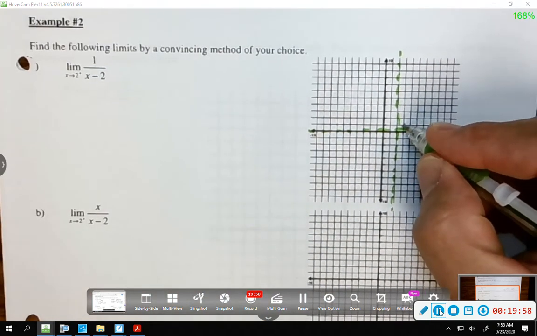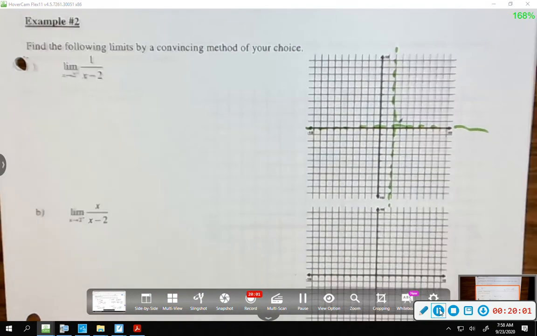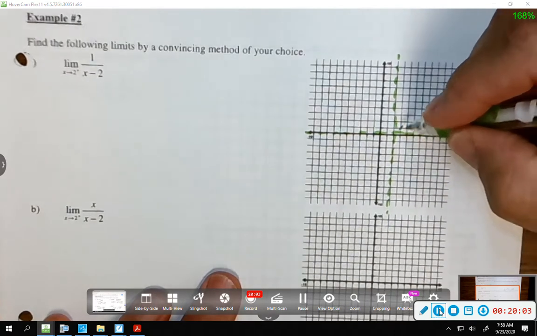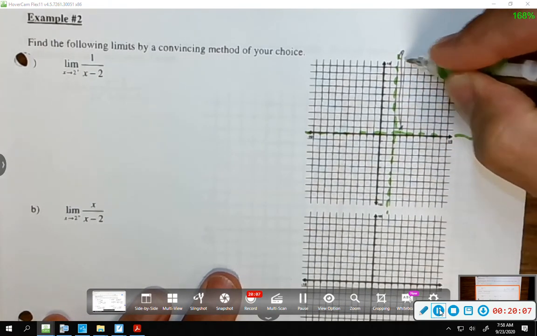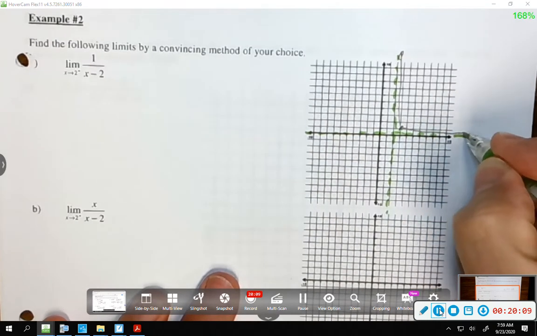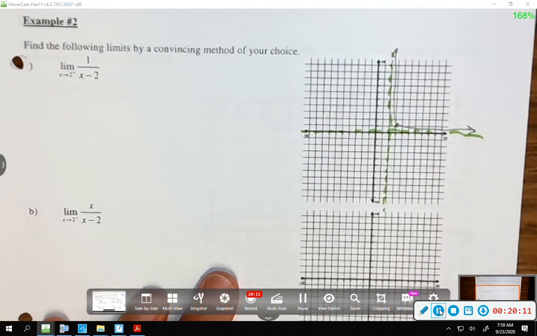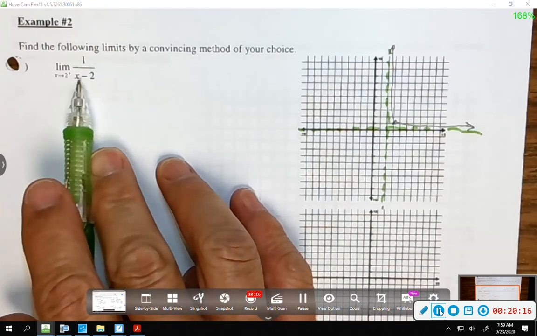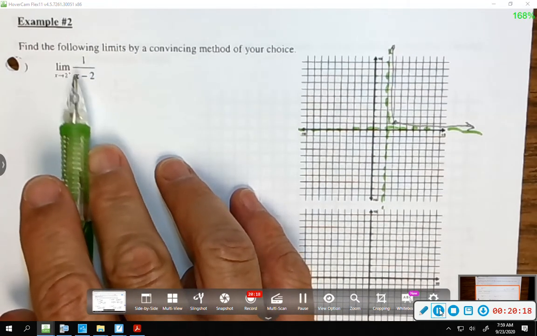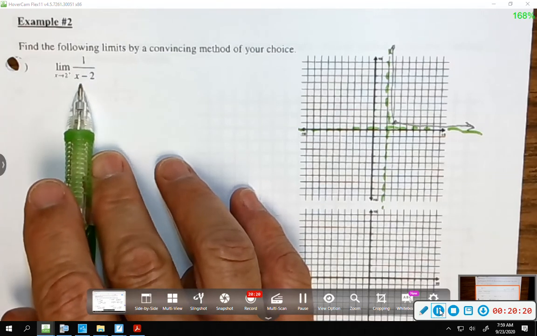That 1 point, now that I know how rational functions work, and we've talked about them in chapter 1, I know it's going to approach the asymptote here, and it's going to approach the horizontal asymptote here. Now the beauty of this is I know that the vertical asymptote comes from a factor raised to the first power.